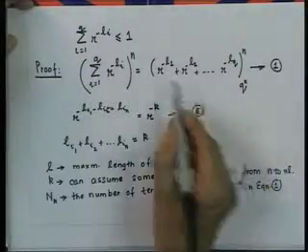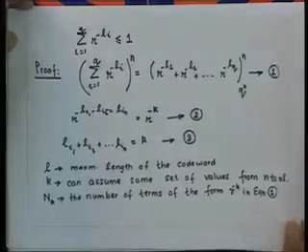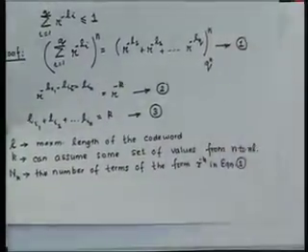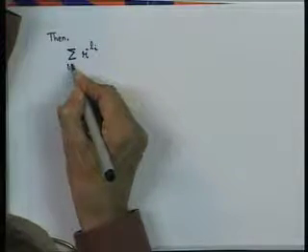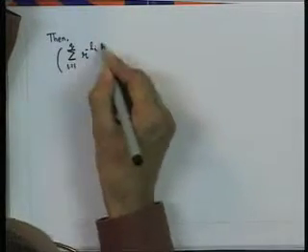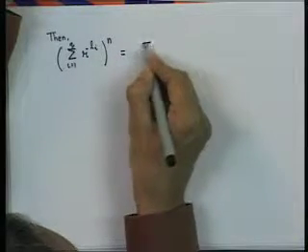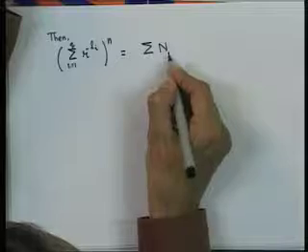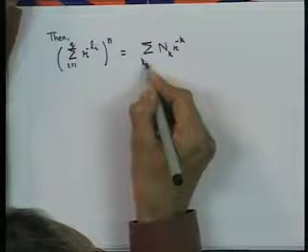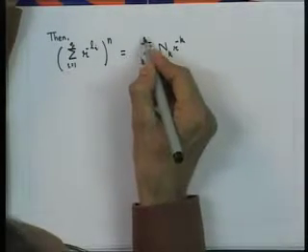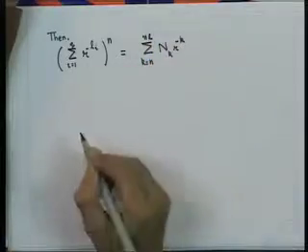Then this expression can be written as the summation of N_k r raised to minus k, k equal to n to nL.